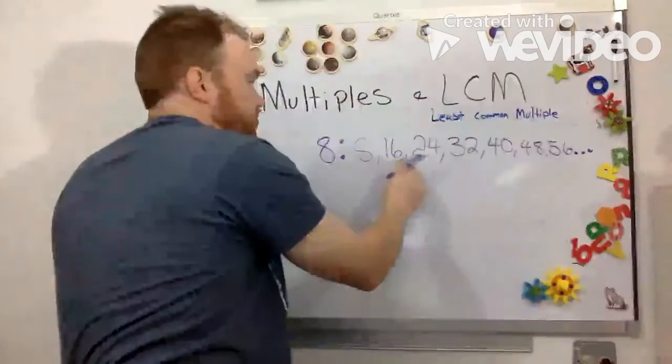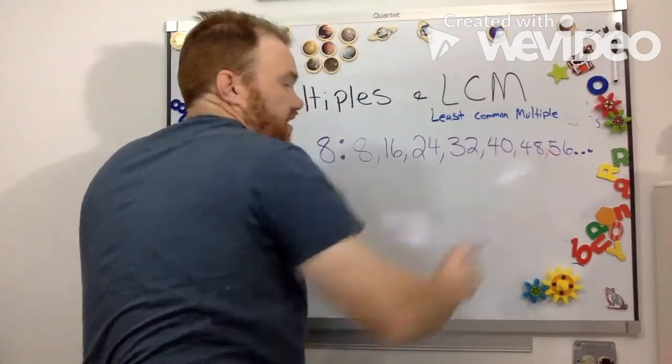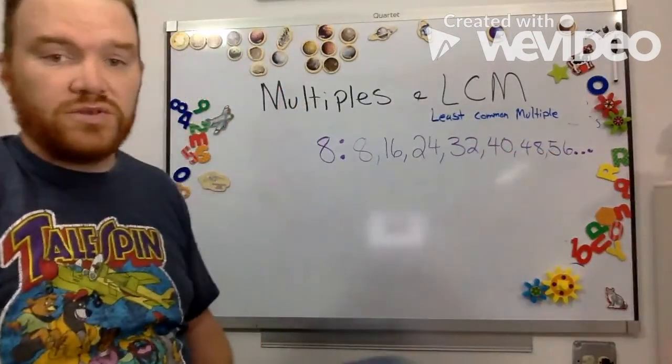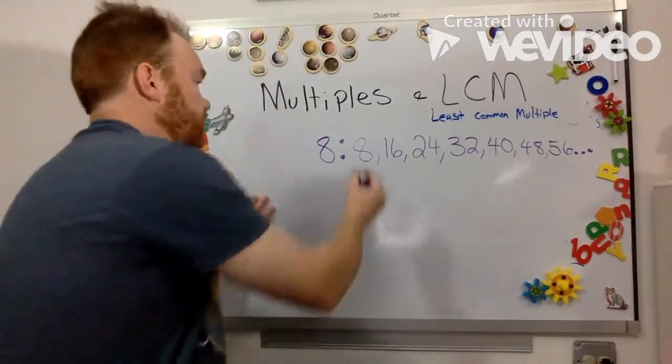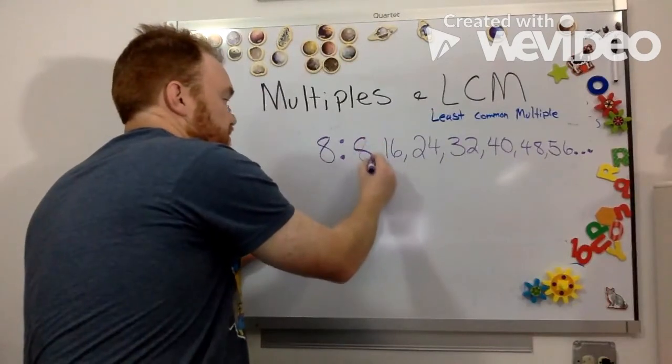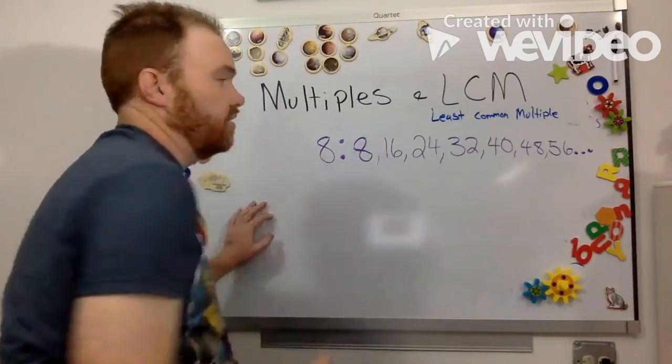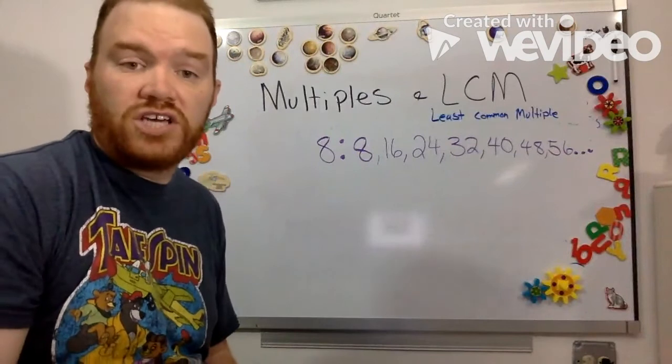So we got 1, 2, 3, 4, 5, 6, 7. Yes, 7 multiples. So there are our first 7 multiples of 8. Now you can go ahead and check your answers.